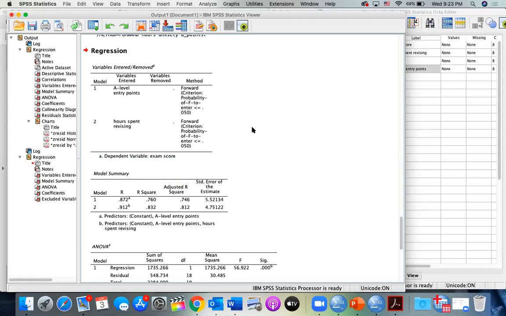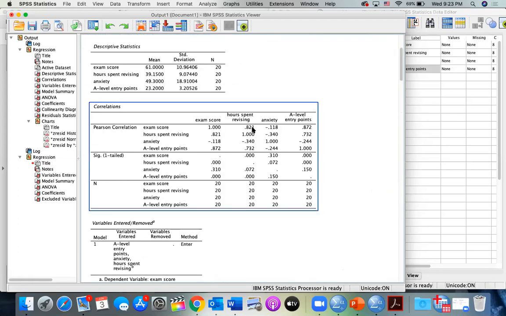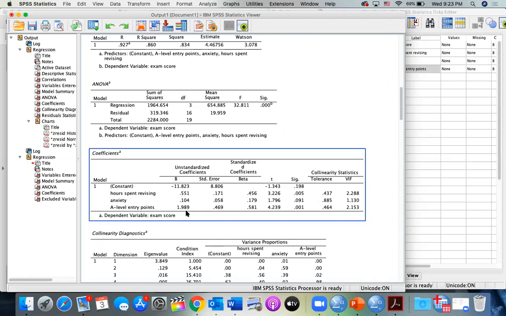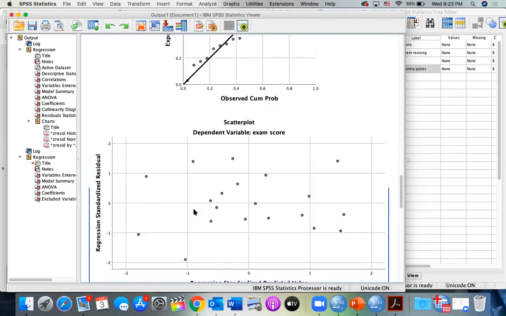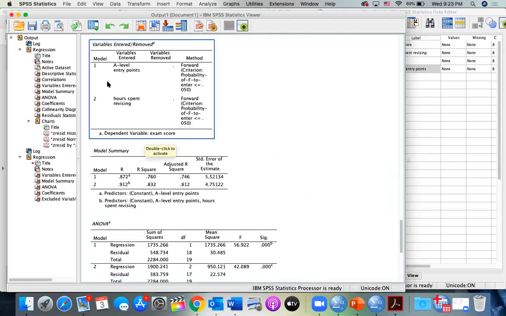And it's not surprising, since if we go back here, we can see that the coefficient of A-level entry points is the largest. So it adds the first variable first by forward method using the criterion probability of F value to enter, which is 0.05, less than 0.05.